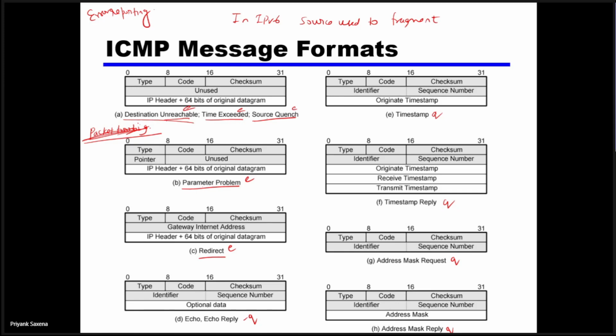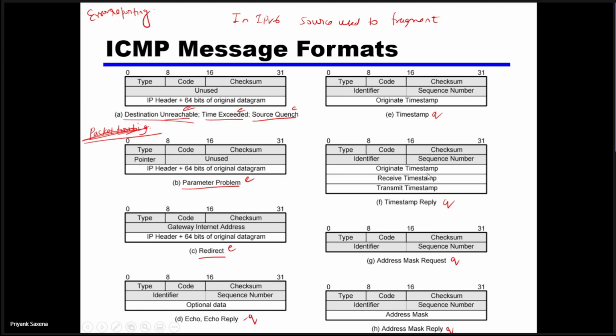Similarly, I told you about timestamp request and timestamp reply messages. These messages are used when you want to note the delay characteristics of the network. So a host will send a datagram, a message with a timestamp on it. Here it puts the originate timestamp, the time at which this message was originated.